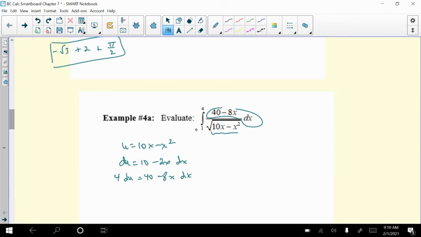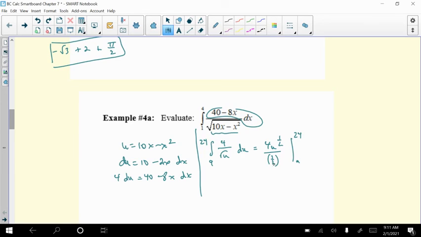So I can rewrite this then with a u substitution. So it's the integral of 4 over square root of u du. Let's fix our bounds. When x is 1, we should get 9 as my lower bound, right? 10 minus 1, so it becomes 9. When x is 4, we get 40 minus 16, which is 24. Now, we just did this antiderivative. Remember, u to the negative half, we bump it up a power. So we have 4u to the positive half divided by half when evaluated from 9 up to 24.